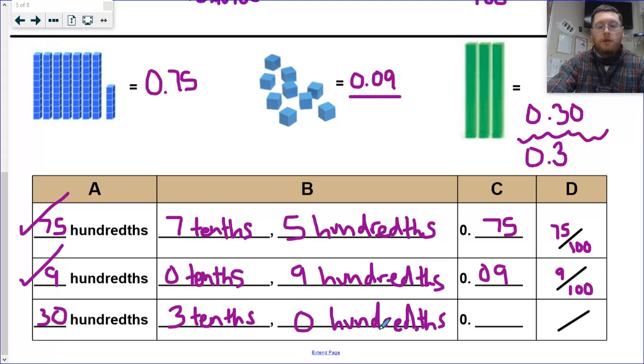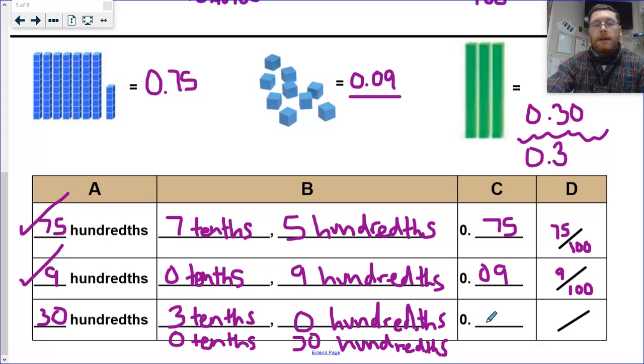So I have 3 tenths and 0 hundredths. I could also say that I have 0 tenths and 30 hundredths. So there's two forms of what I could put for this one.